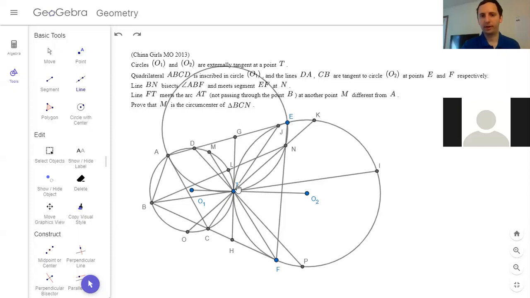So you found angle ATN, it's arc AO, but is that 180 minus angle AEN? Could be. I just don't see immediately how that's true. Do you think that solves it?